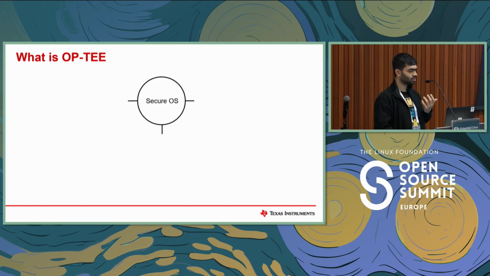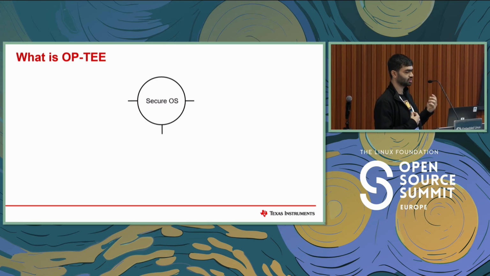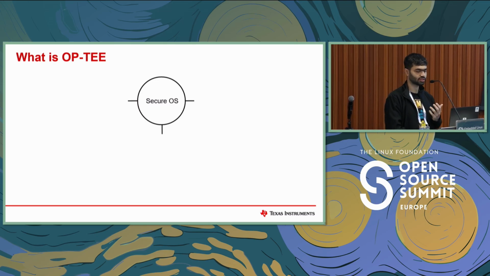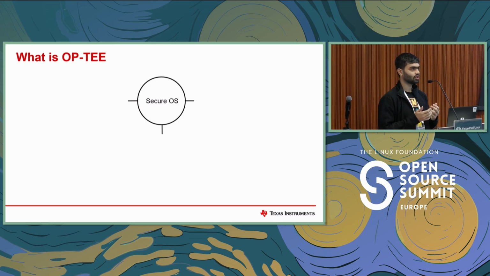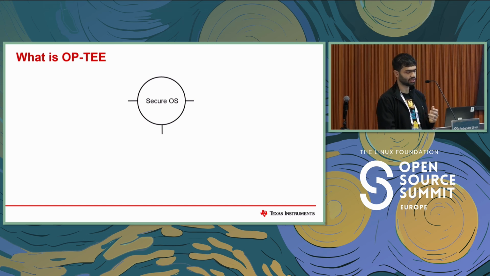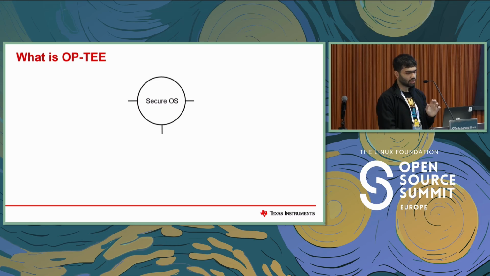So what is OPTEE? OPTEE is essentially a secure operating system. It's a trusted execution environment designed as a companion to a non-secure Linux kernel running on Cortex-A cores. It utilizes the ARM TrustZone technology as the underlying isolation mechanism. It has a very modular code base, and it doesn't try to reinvent the wheel.